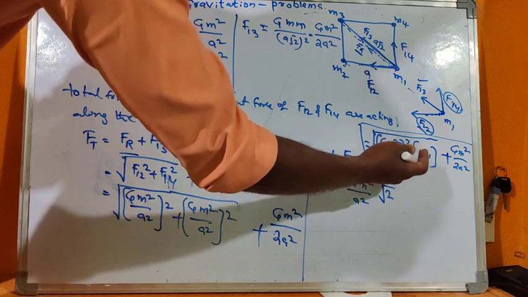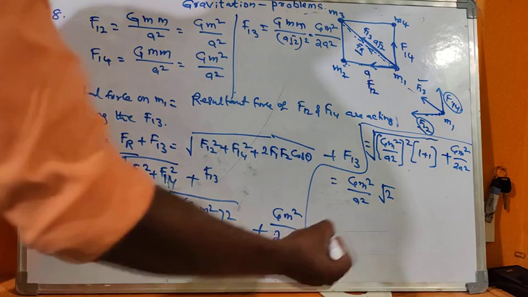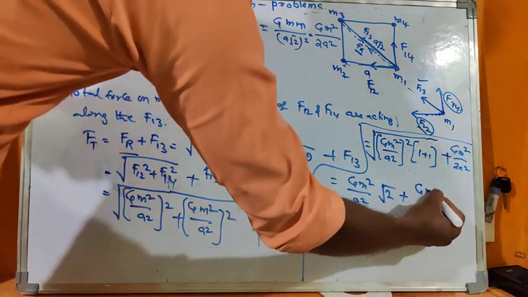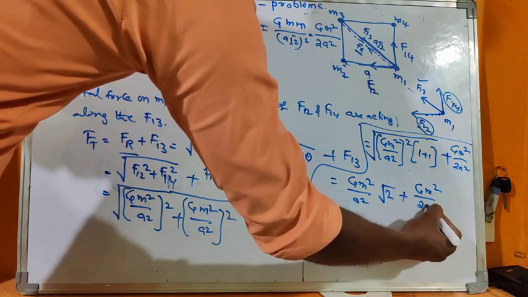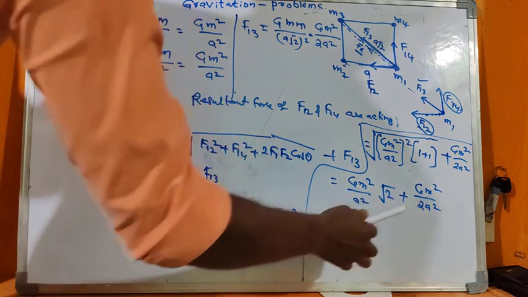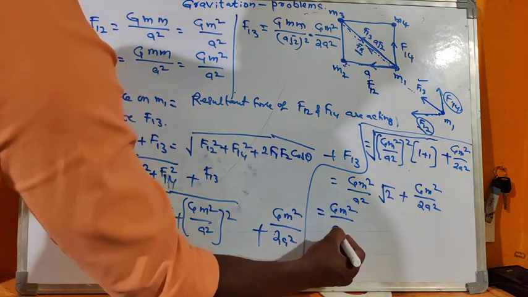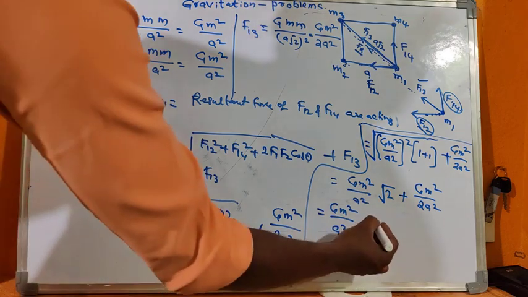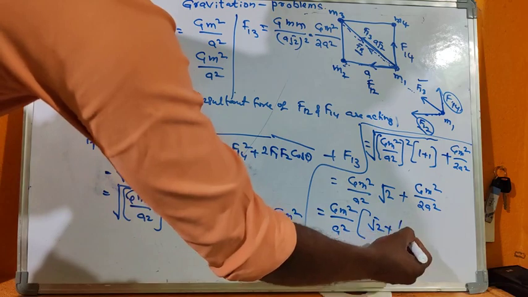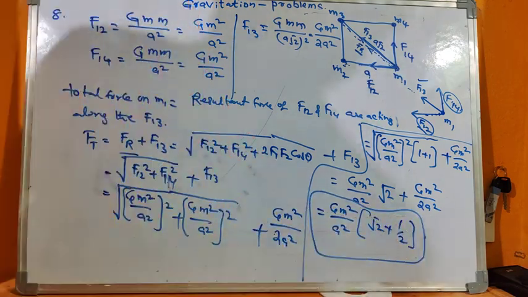From these two terms we can take G m square by a square as common. Then it is root 2 plus 1 by 2, and this is the total resultant force.